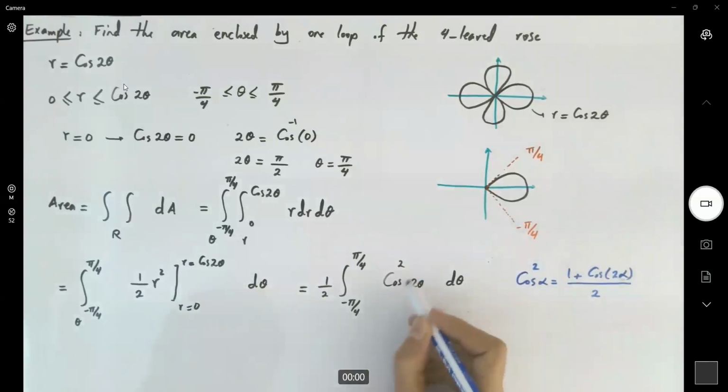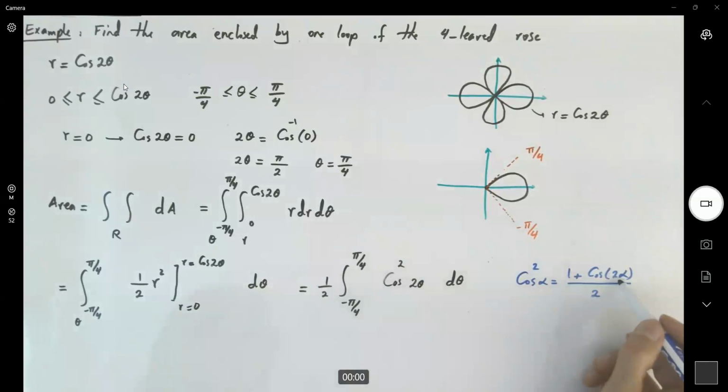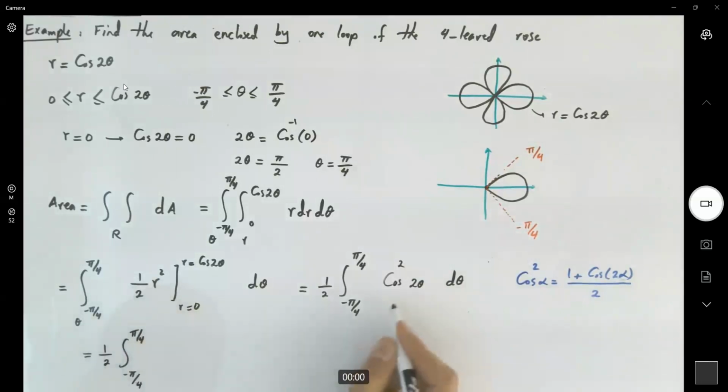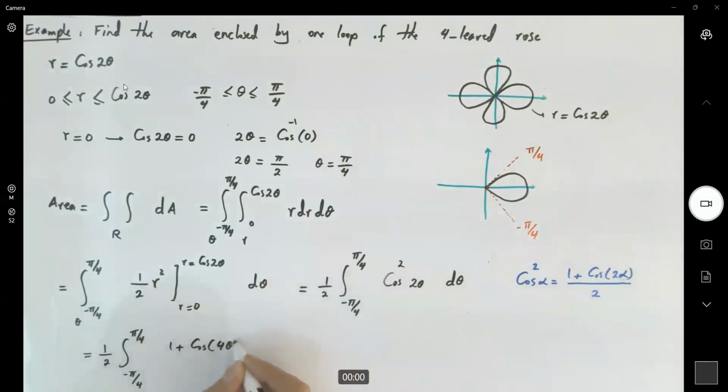So your alpha here is 2 theta. You need to multiply it by 2 as well. This guy becomes a half integral negative pi over 4 to pi over 4, and here you have 1 plus cosine of 4 theta divided by 2 d theta.